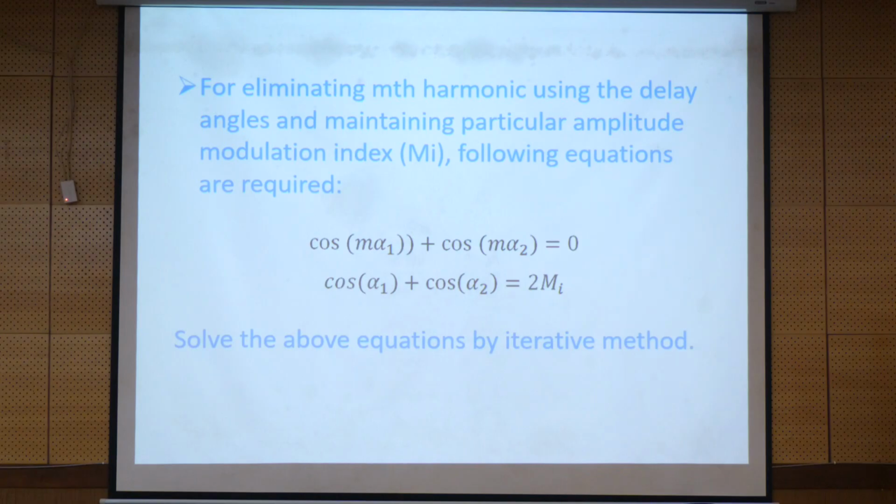For the range, you have three regions: over modulation and under modulation. Usually you want to operate the modulation index between 0 and 1, and that comes under the linear range.